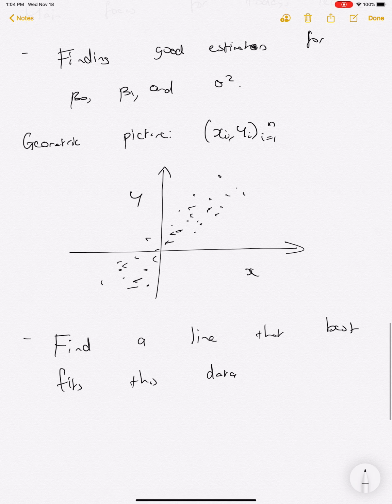There are many different choices you could have. You could say, let's pick a line that looks like this, or maybe a line that looks like this is better.